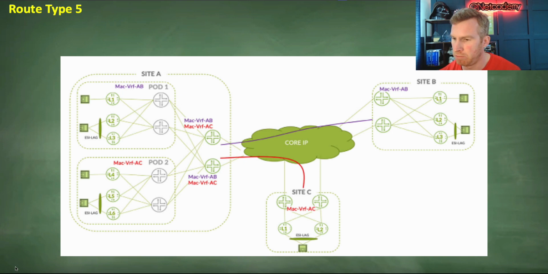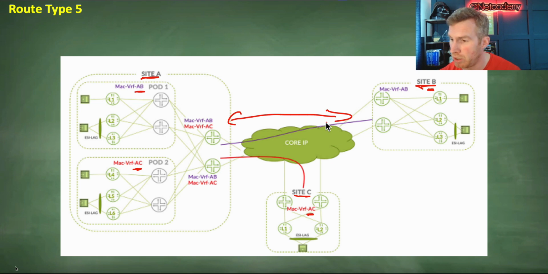So as we know, we've got site A, site B, site C, and there's two different MAC VRFs. We've got AB, AC here, and we've got MAC VRF AC at site C, and we've got MAC VRF AB at site B here. Now, with the deployment, there's different ways over the WAN that you could carry potentially that route type 5.